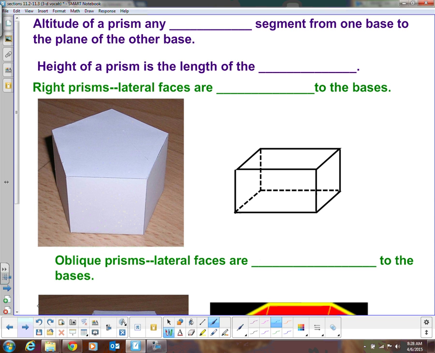All right, altitude of a prism. I left out some words. Altitude of a prism is any perpendicular segment from one base to the plane of the other base.